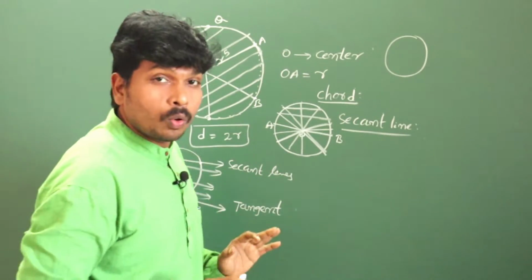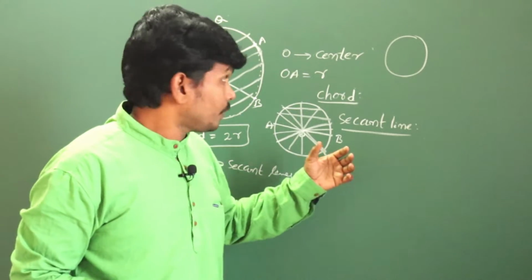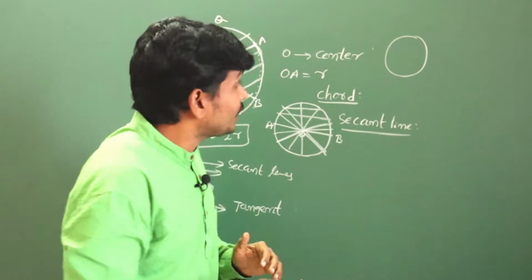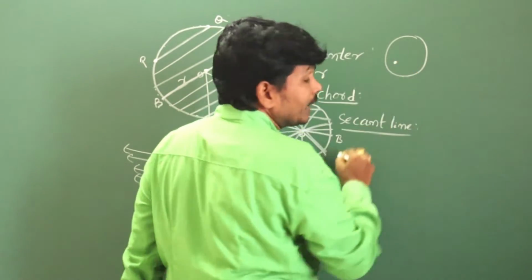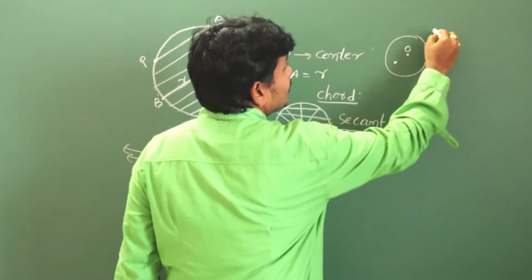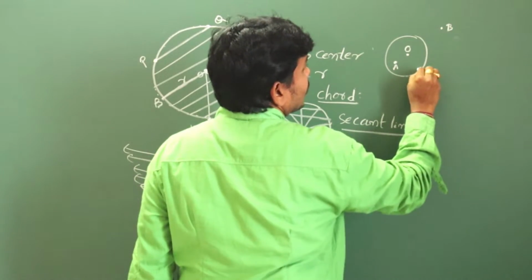I am giving you one point in the interior; you have known this in a previous class. How to determine whether a point is in the interior of the circle, or exterior of the circle, or on the circle?